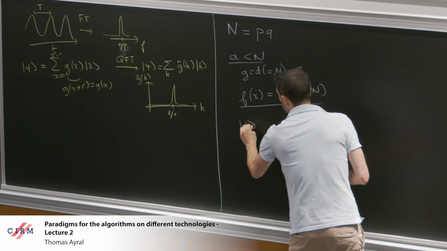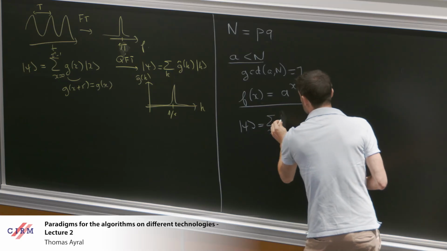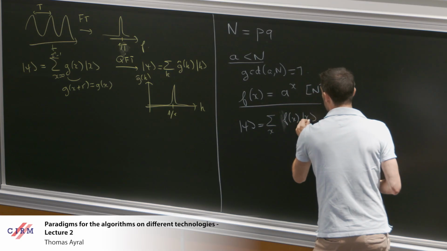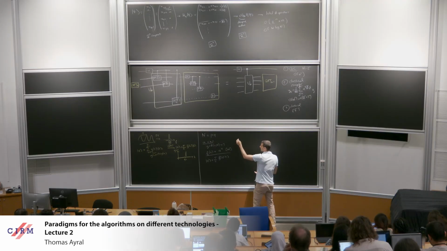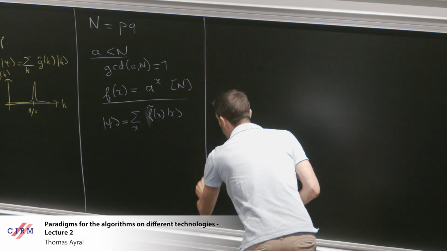So my goal is to produce a state sum over x of f of x. So the question is, how do I produce such a state? And I'm going to require maybe not to produce f of x, but a function f tilde of x, which has the same periodicity as f. I'm going to do something slightly less strict here.